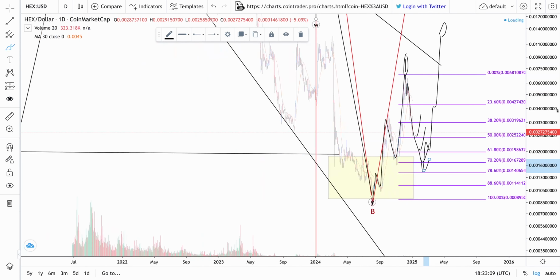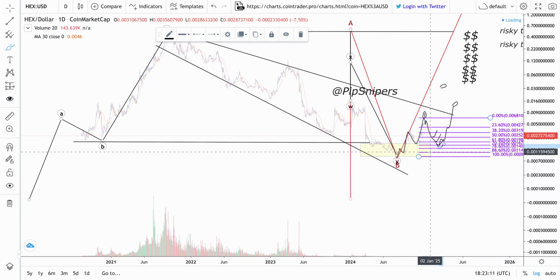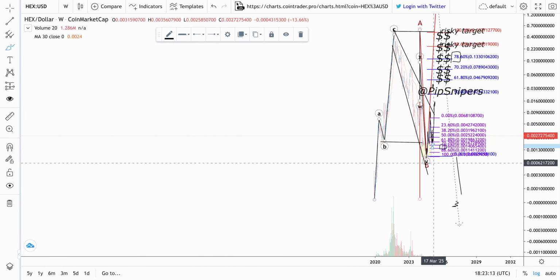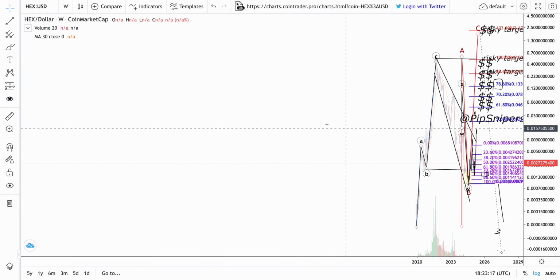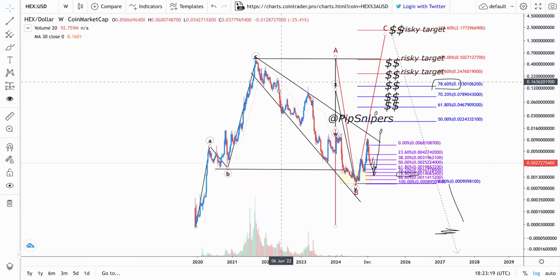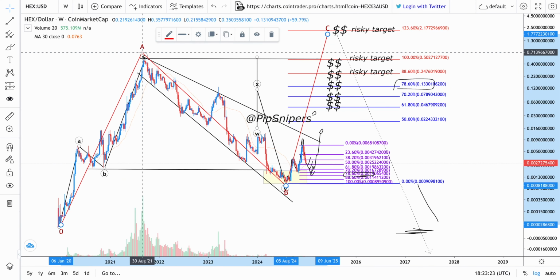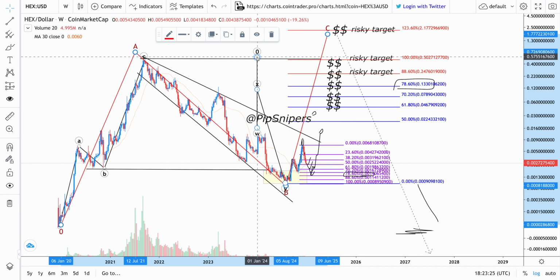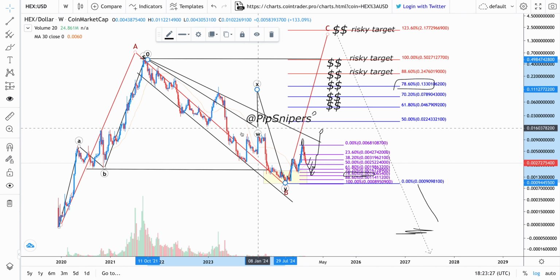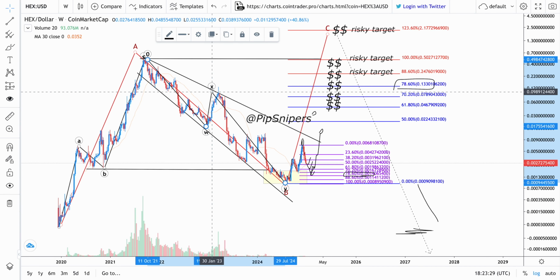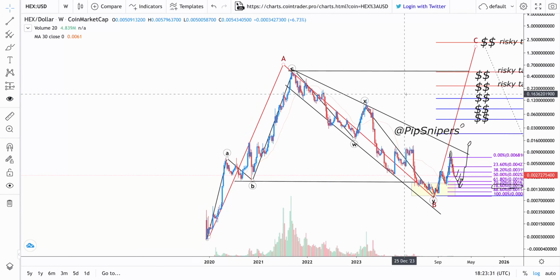But so far everything is looking good structurally. We haven't invalidated the bullish count. So that's the good news. We haven't invalidated the bullish scenario. But yeah, this is what I think.